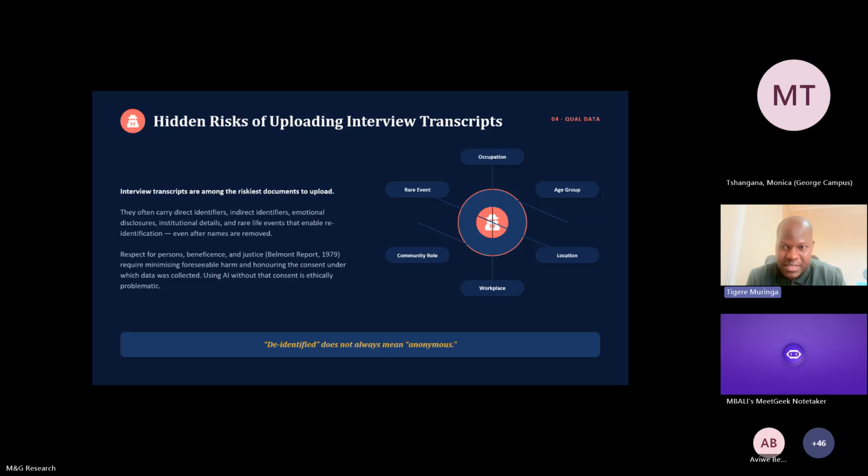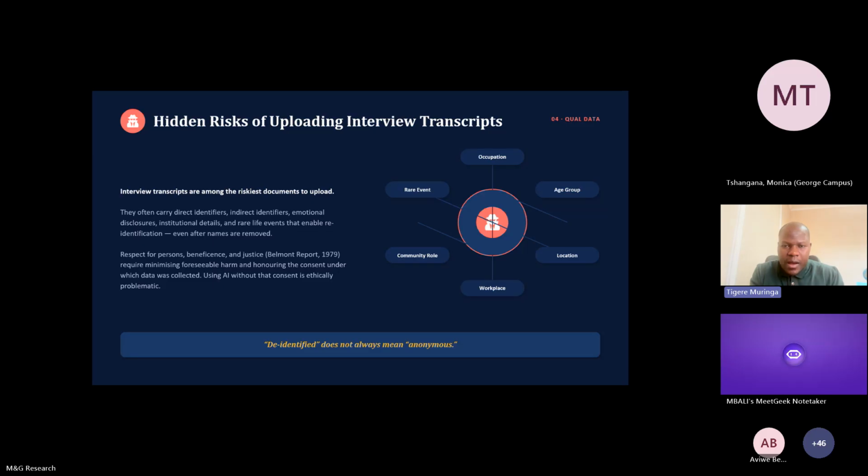Right. So what are we saying? We're saying AI becomes very problematic when participants consent to academic analysis, where the researcher said, I'm going to use a traditional Braun and Clarke analysis approach, and then the transcripts are uploaded on an AI platform for processing. And we know that AI platforms are not always safe, right?